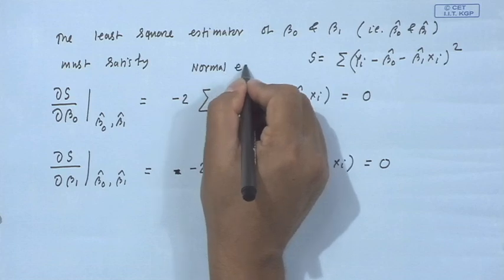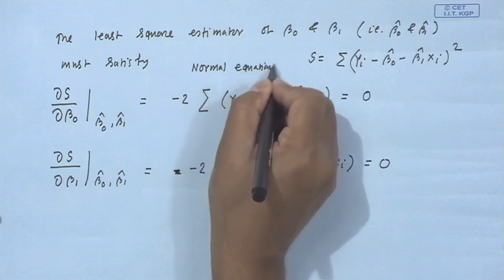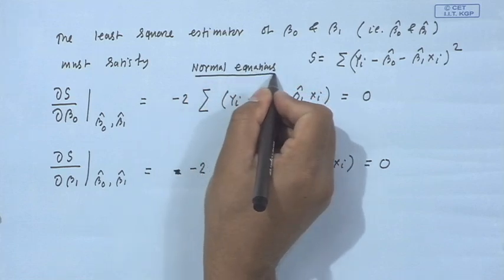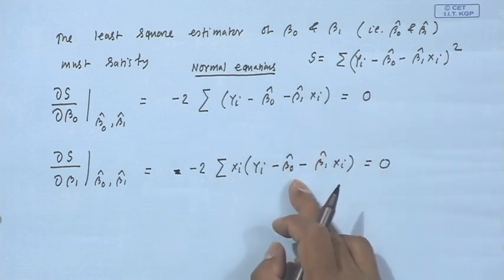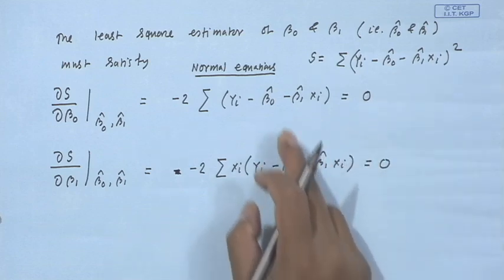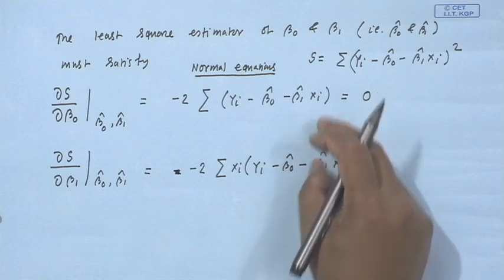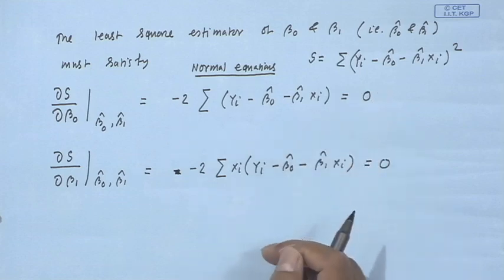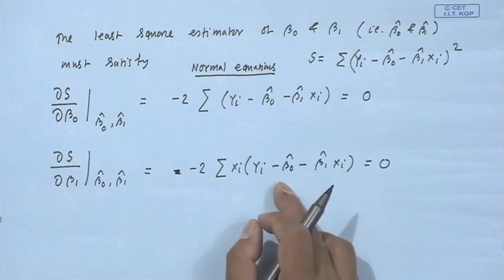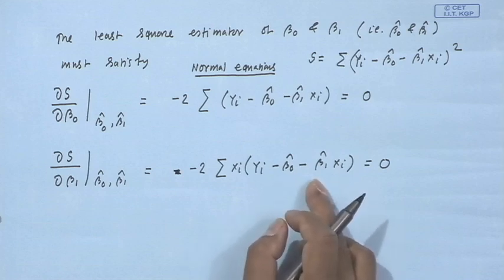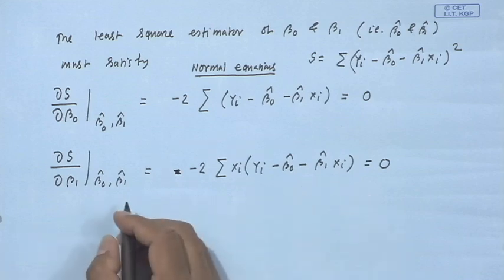Since there are two unknown parameters, you will get two normal equations, and you can see that these normal equations are independent, right.